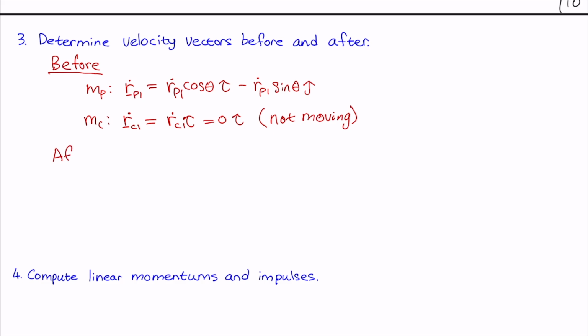We take a look at after now. In this case, the package and the cart are now going to move at the same speed. The package stays on the cart and then it moves with the cart. So package and cart move at the same speed.